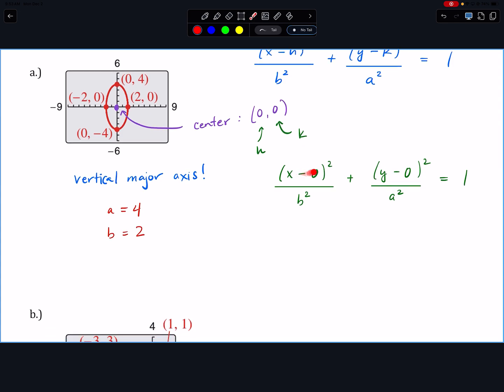Here, though, if it's x minus 0 squared, do you guys agree I could just write it as x squared? So x squared over, if I plug in 2, what's 2 squared? 4. Plus, I could just write this as y squared over, what is our a squared? 16 is equal to 1.